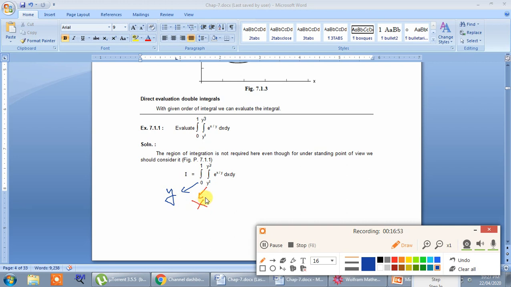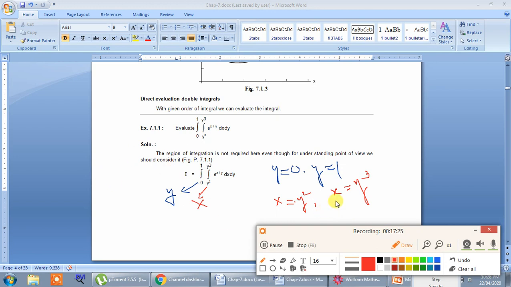Okay, so my region of integration is bounded by 4 curves, and those 4 curves are: y is equal to 0, the second curve is y is equal to 1, the next curve is x is equal to y square, and the last curve is x is equal to y cube. So we can see that there are 4 curves. Now let us see what is the geometrical meaning of these 4 curves.